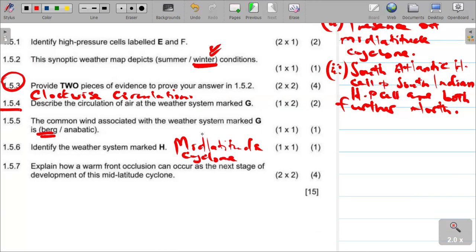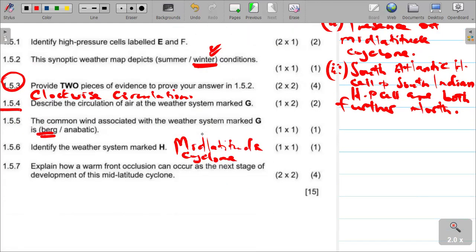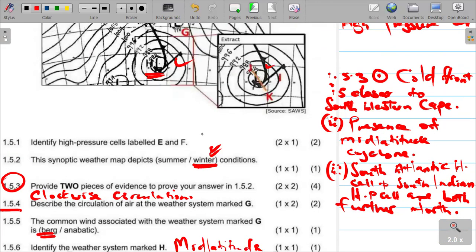We are talking about the overtaking of the warm front by the cold front, which also needs to be understood. Those are the questions that need to be answered in this climatology, or physical geography, that we need to understand.